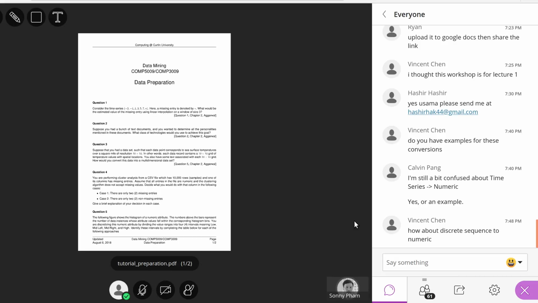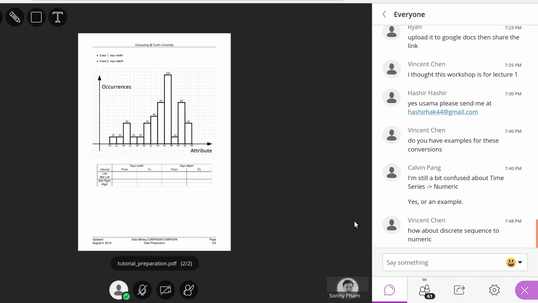This is about conversion from numeric to nominal. Originally we have a numeric attribute, and this is what I call a histogram, or the distribution of the attribute. For those of you who are not sure what this means, let me explain.